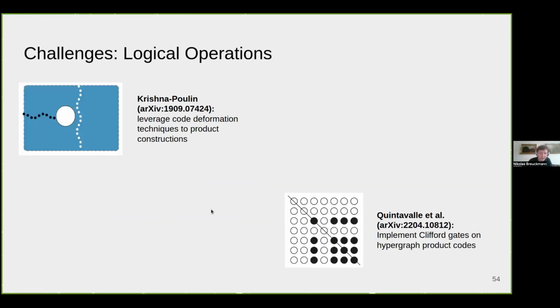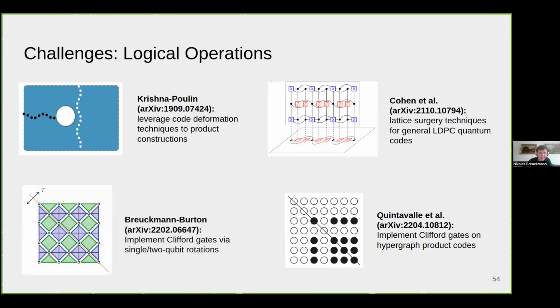I'm really running out of time here, so let me just quickly gloss over this. One challenge is logical operations, so how to manipulate the information encoded. There has been quite recent work in this direction by Krishna and Poulin, by Cohen et al., myself and Simon Burton, and also by others, implementing logical operations.